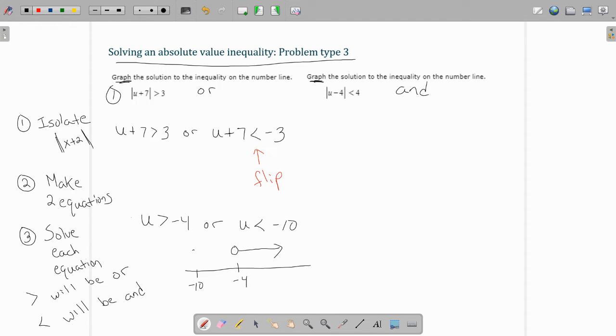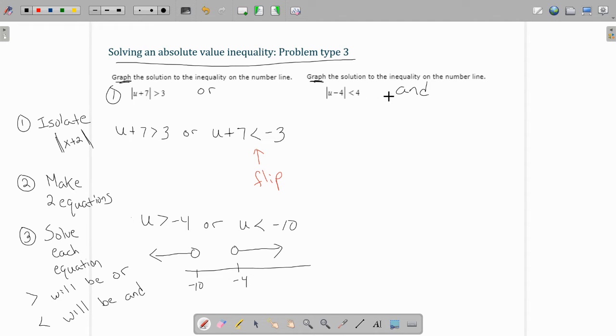Less than negative 10, open, going that way. So we're taking everything. Both pieces are the answer for graphing because of the or. And we knew this was or because the greater than sign gives us an or problem.